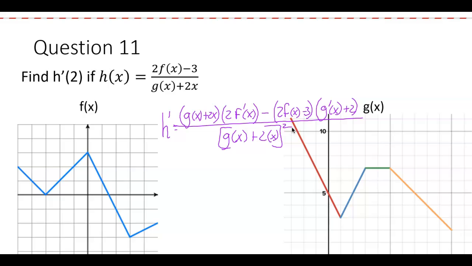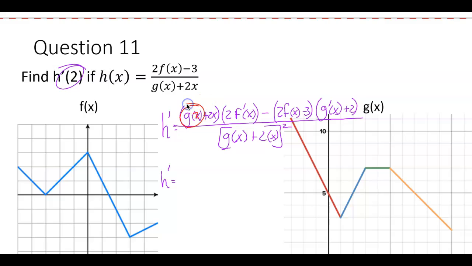Okay, so there's our derivative, and now we want to plug in a 2. So let's see what that'll come out to be. We have h prime is going to be equal to g of, I'm just going to go ahead and write it on top here. We're going to plug in a 2.